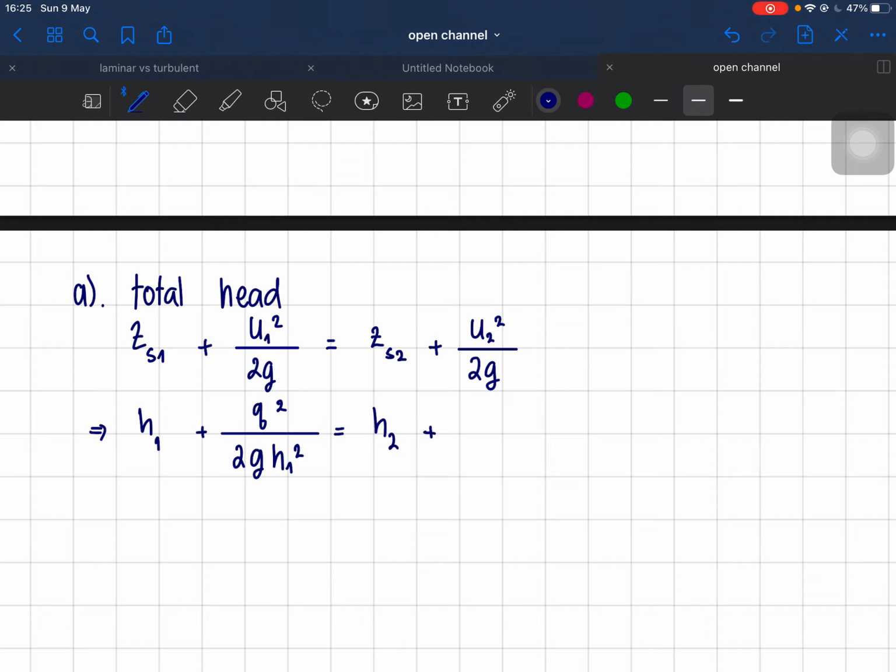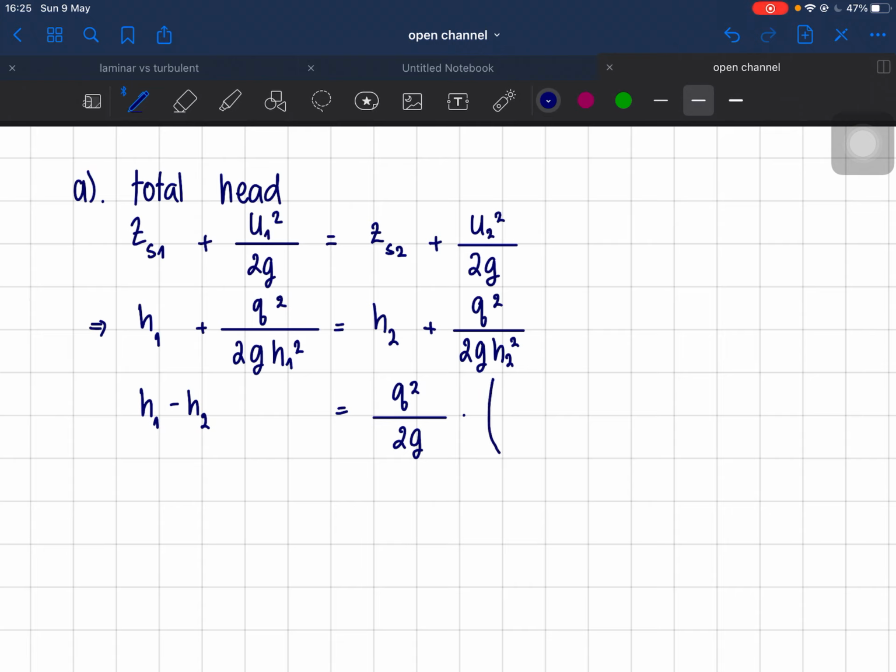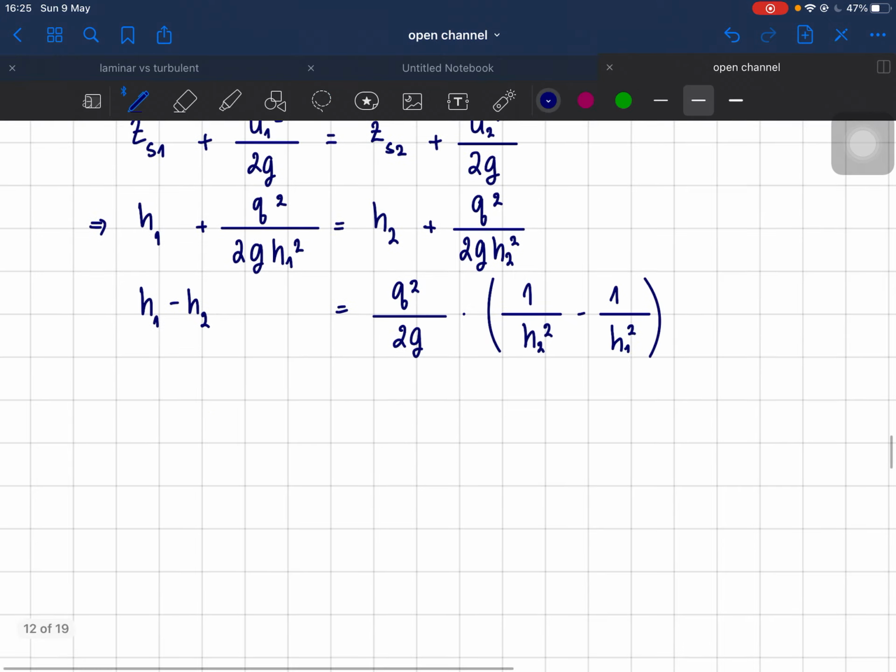Okay, so H1 minus H2 goes to Q squared over 2g times 1 over H2 squared minus 1 over H1 squared. Okay, so this is all done. Not yet done.